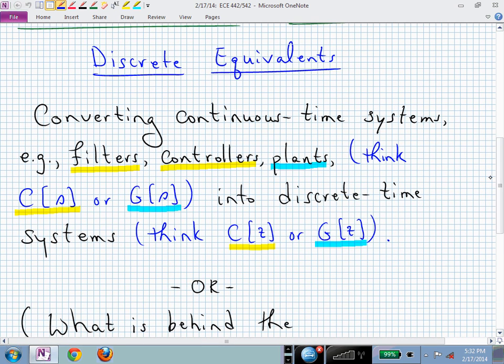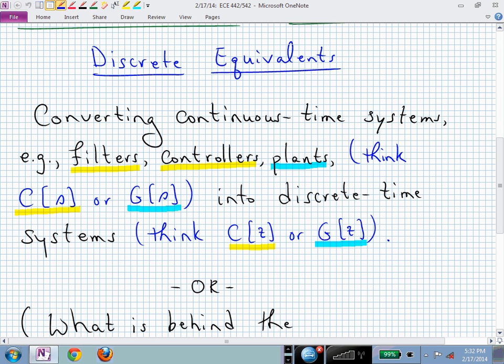Here's basically a description, or one quick way of talking about discrete equivalence. We're trying to convert continuous time systems, and here the highlighting has relevance. The yellow is emphasizing certain things, and I guess that's a blue. Maybe I should have chosen a different color, but the blue is correlated with the other systems.